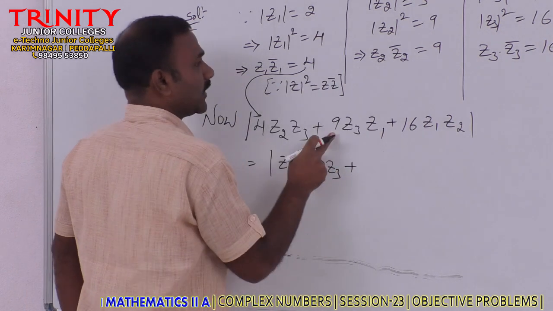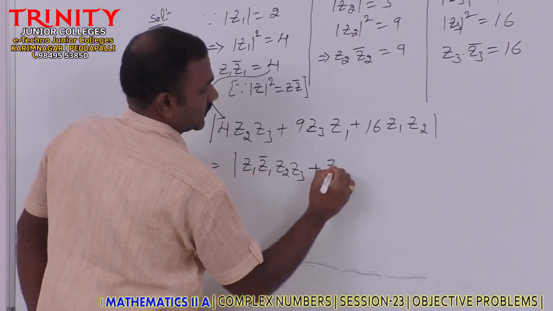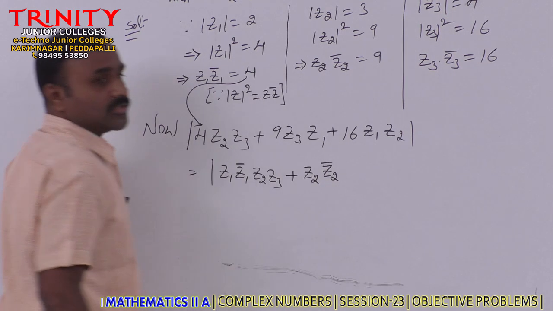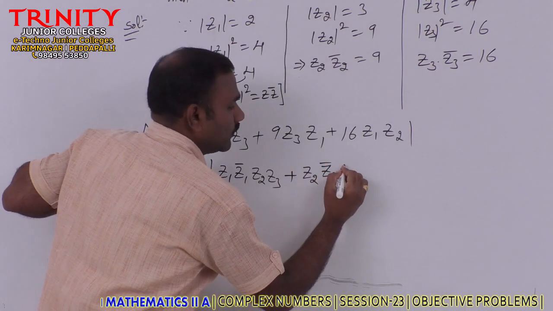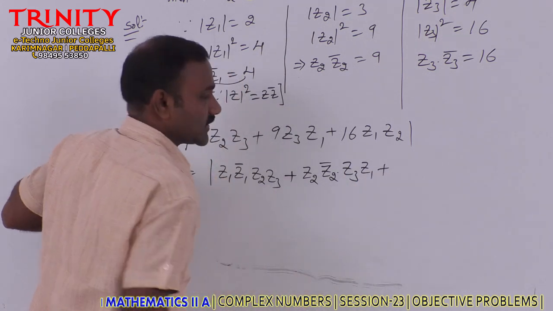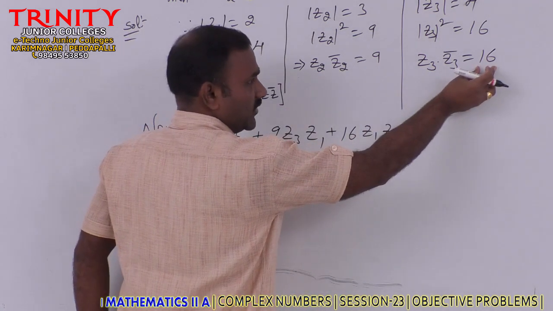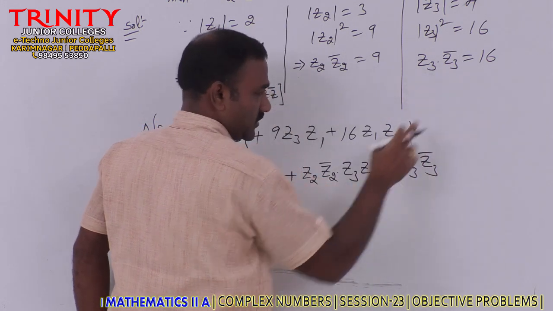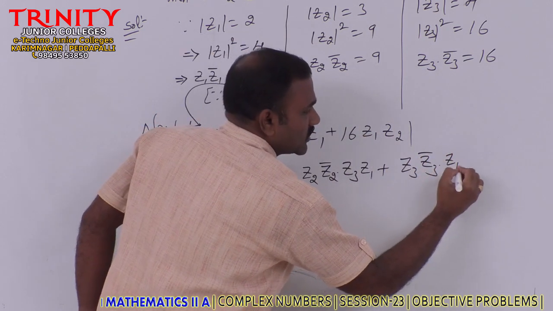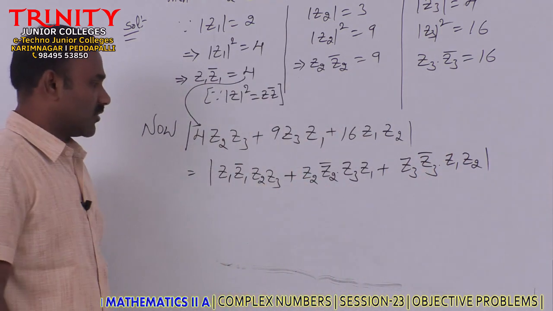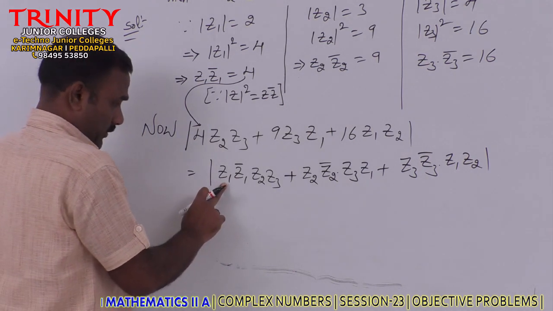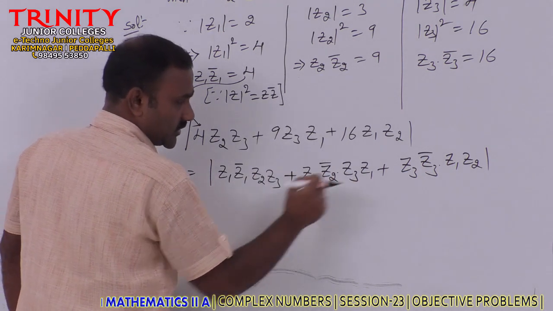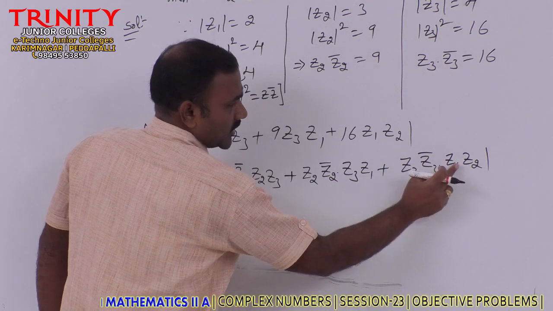Plus, similarly, 9 is going to be replaced with z2 z2 bar, into z3 z1, plus this 16 is going to be replaced by z3 z3 bar, into z1 z2 as it is. Now we have z1 z1 bar z2 z3 plus z2 z2 bar z3 z1 plus z3 z3 bar z1 z2.